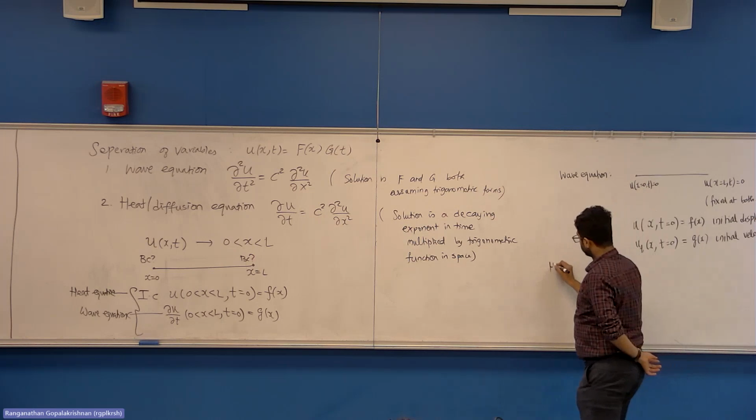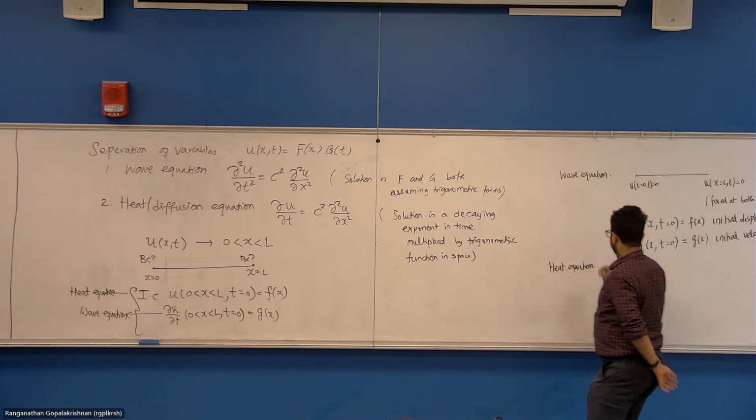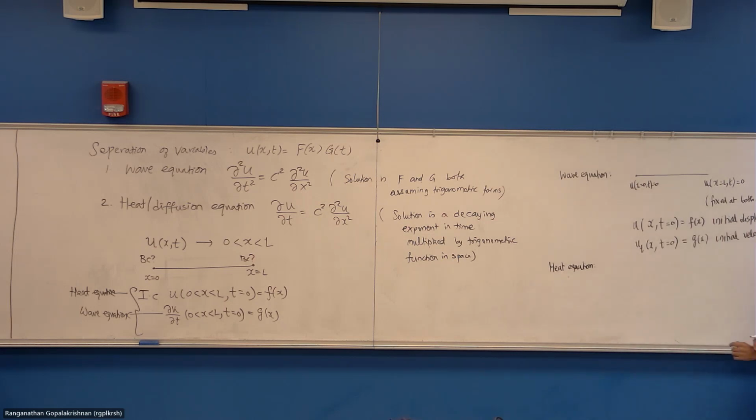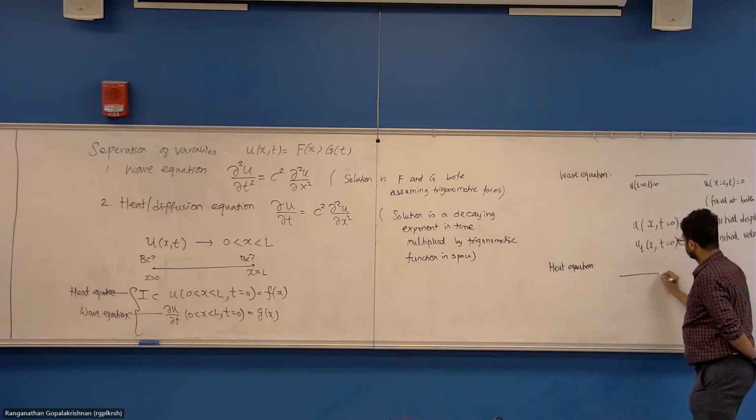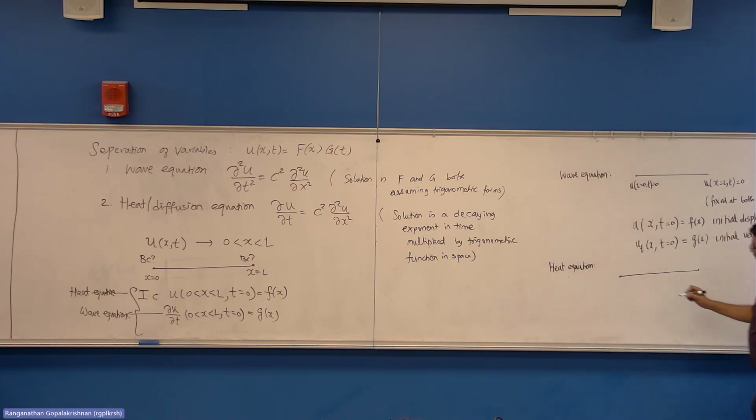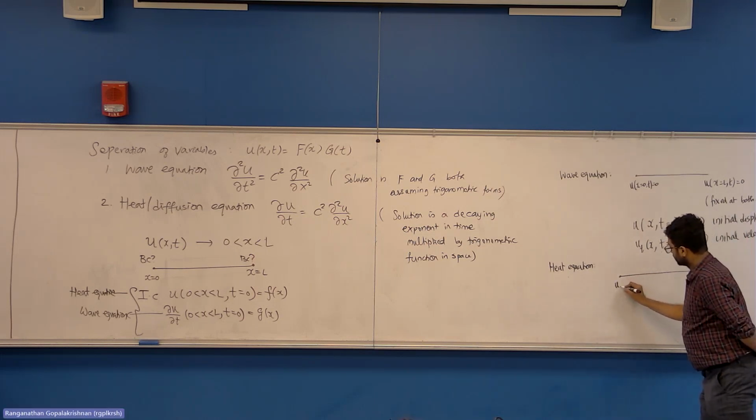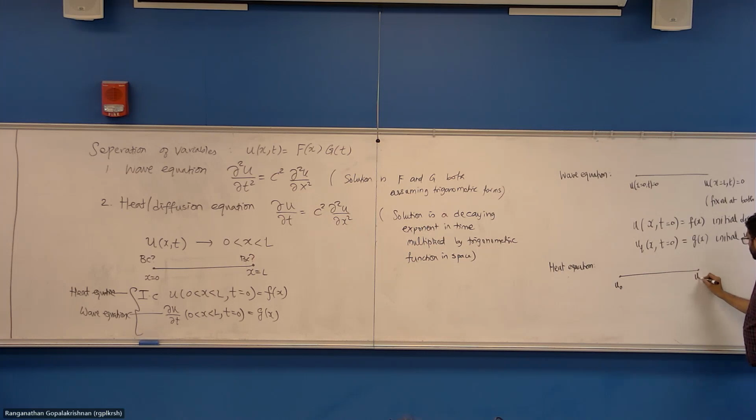For the heat equation, we could have, for example, we'll call this u naught and uL.